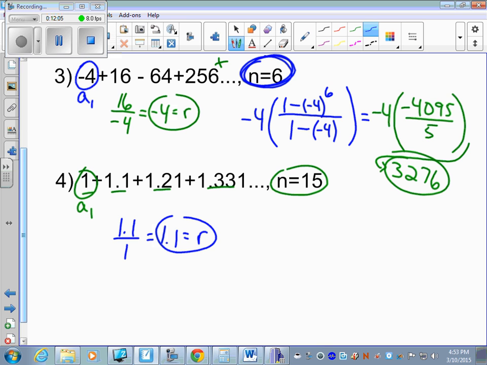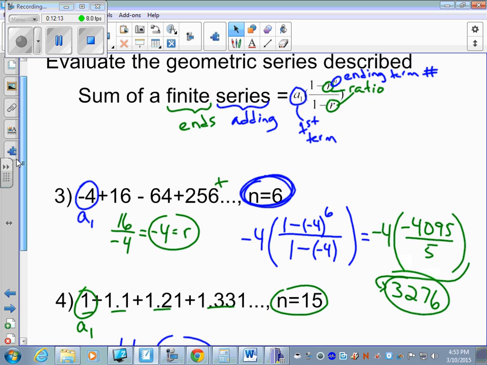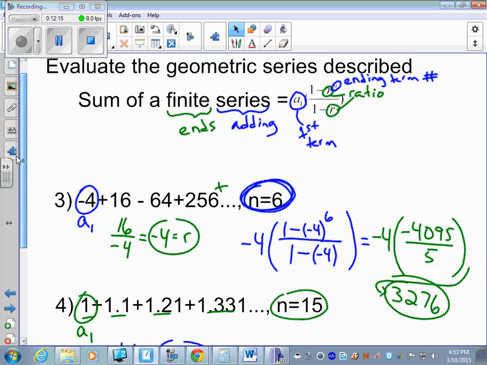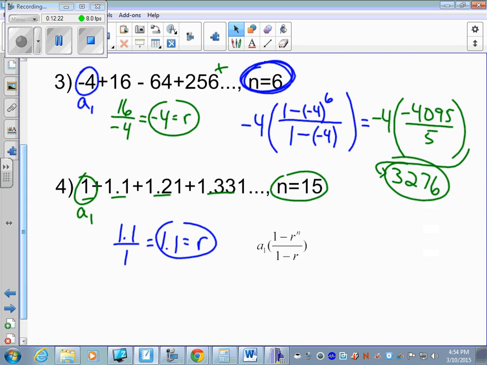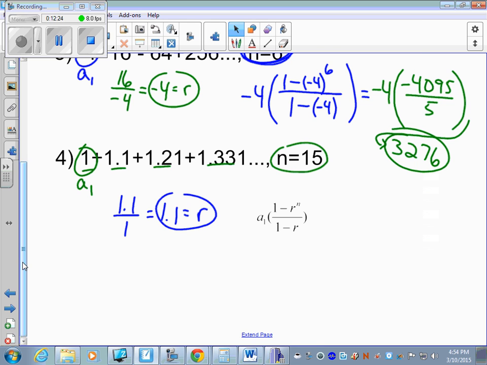So let's use the formula. The first term is 1 times, in parentheses, 1 minus r, which is 1.1. Always put that in parentheses.